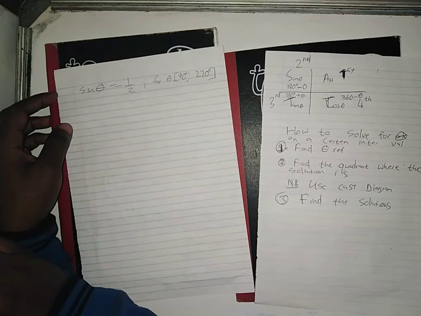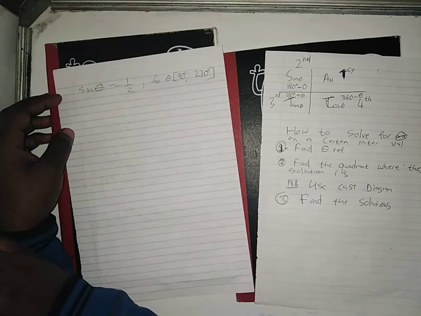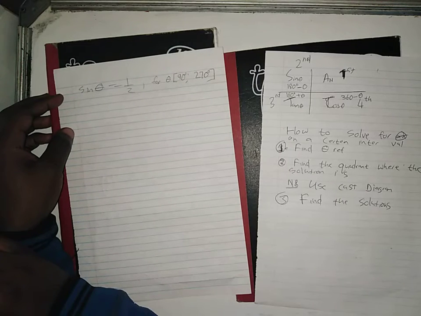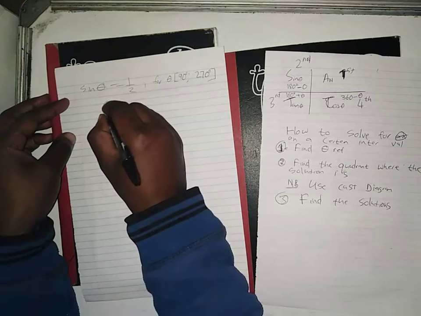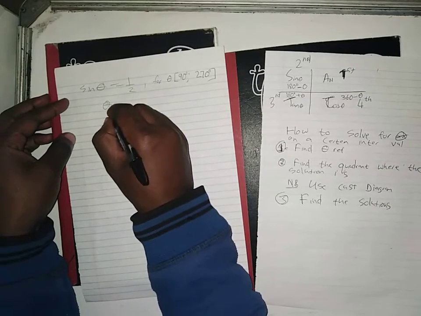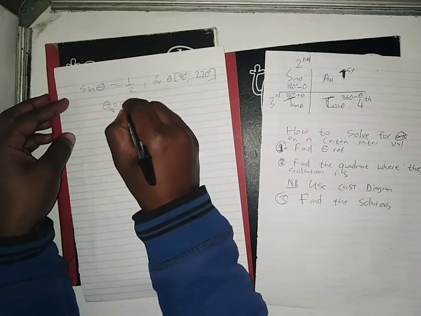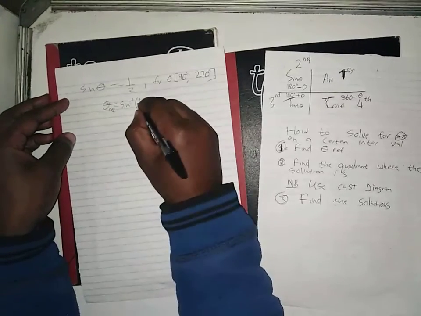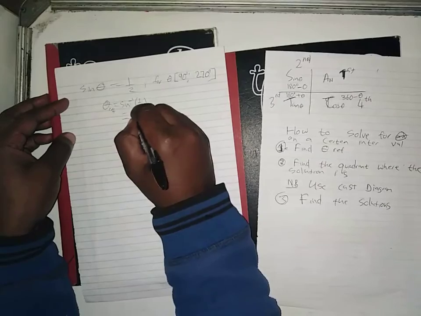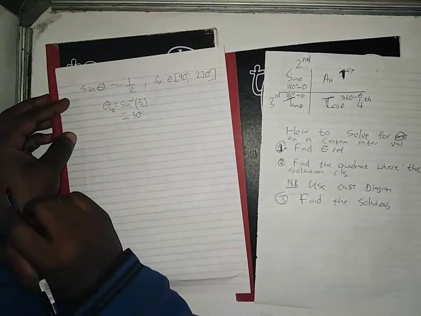I'm just trying to show you that it's not always 0 and 360. You do get a lot of questions with that kind of interval, but you can have another interval. Theta ref here is the reciprocal of sine evaluated at 1/2, which gives us 30 degrees.